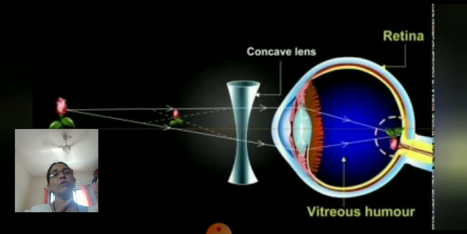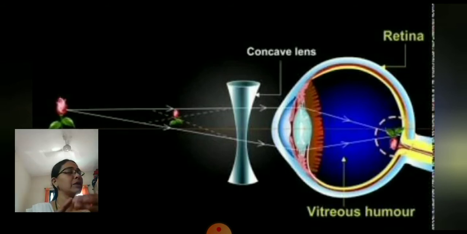Then the image is formed properly on the retina and can be seen by your brain, otherwise it will not be seen clearly. So to correct the myopic eye, we use a concave lens.